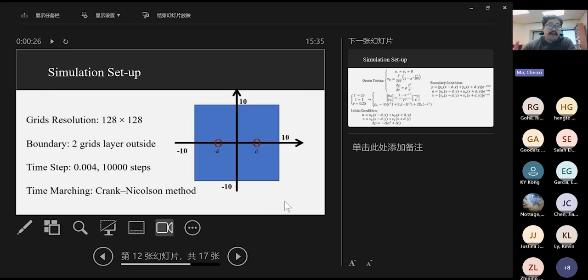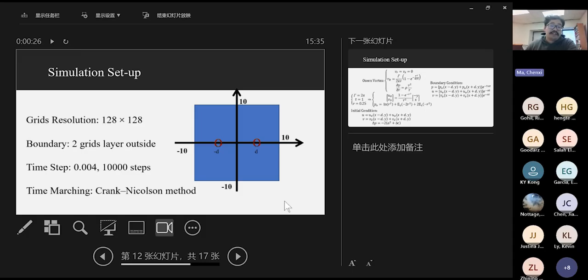And now let's talk about the simulation I have. The x and y ranges go from negative 10 to positive 10. On the x-axis, I put 2 Lamb-Oseen vortices, one at negative d0 and the other at d0.